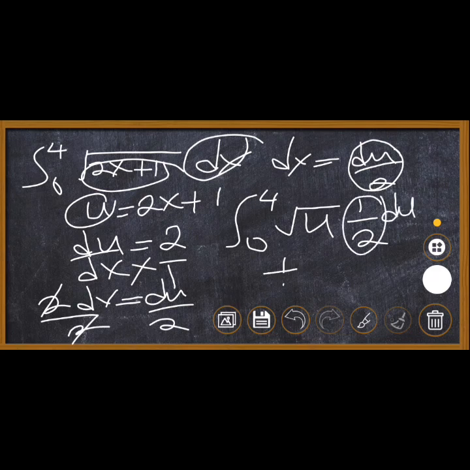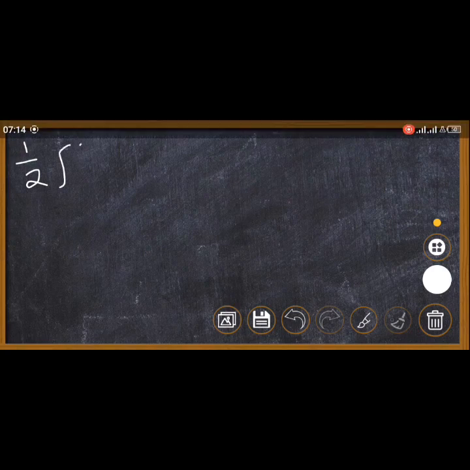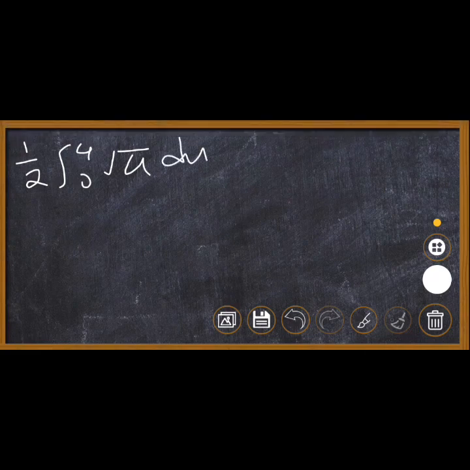We have 1 over 2, and then the integral from 0 to 4 of root u du. So let's integrate this now. Remember, we have these limits 4 and 0, integral of root u du. Now we know that the square root is the same as the given variable raised to power what?